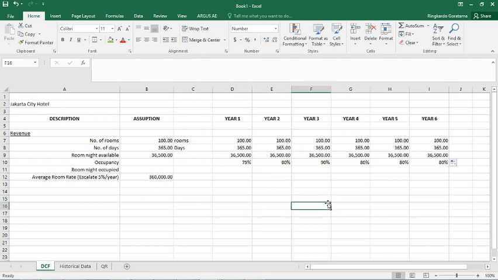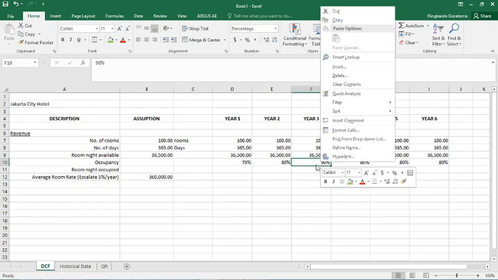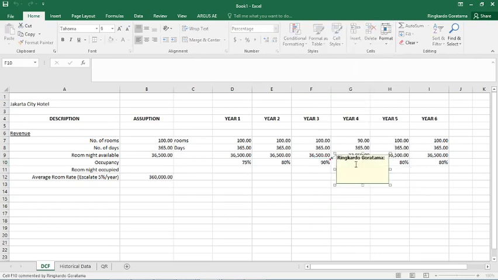Or we can have another assumption, like in year 4, they're planning to renovate some of the rooms, so the number of rooms can be deducted, like 10 rooms will not be available, so we put 90. This is just an assumption. So let's say we put this as a comment.